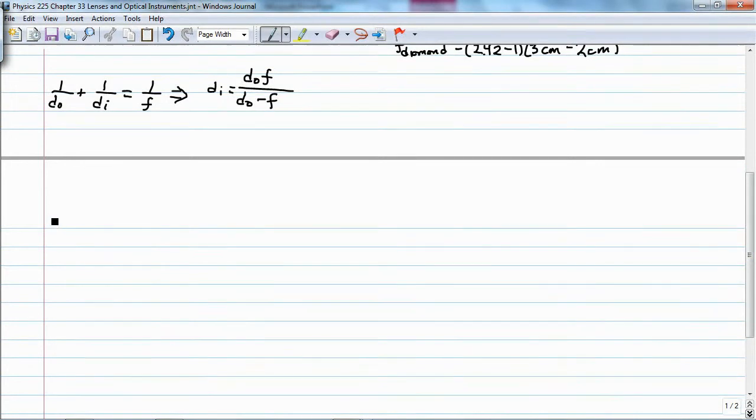So let's look at our image distance for the glass.